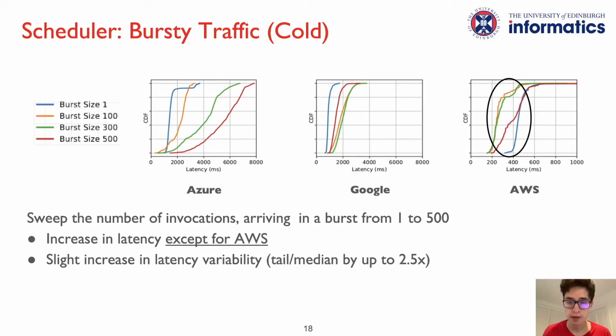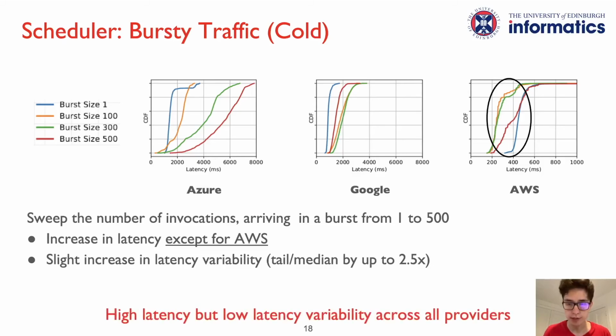We believe that this phenomenon is due to an internal optimization where the cold start of the first invocation speeds up the cold starts of the other invocations in the same burst. Despite the increased latencies with large burst sizes, all providers show moderate latency variability with tail to median ratio less than 3.